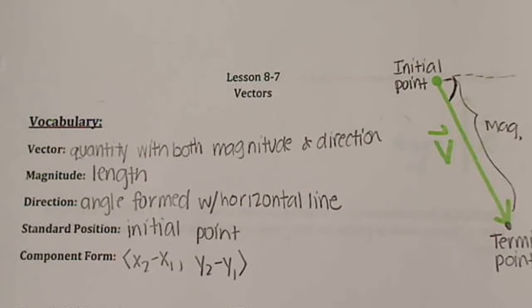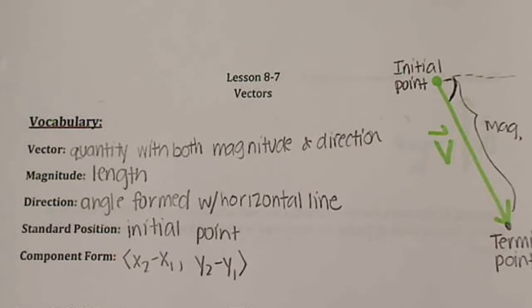The direction is the angle formed by a horizontal line. So that's what this line over here is. It's to show you the angle. Direction is always expressed in degrees, and we will probably need to use sine, cosine, and tangent to find that, especially on the coordinate plane.